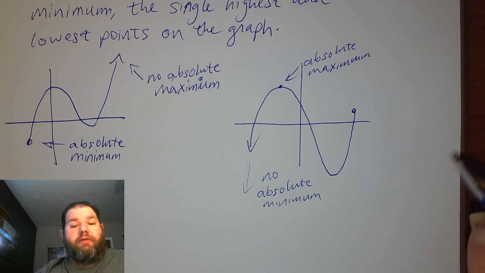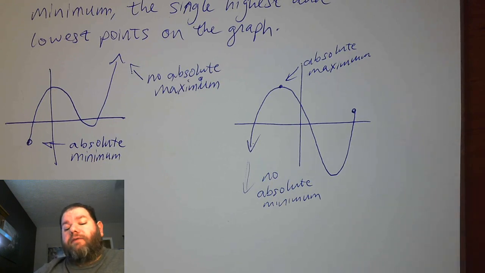So we need to be careful that when we look at the graph from a visual standpoint, we still have to understand what the arrows mean and how that specifically impacts the presence or lack of absolute extrema. That's really what's going to prevent it from happening in a lot of cases. If the graph has an arrow on it, which means it just keeps going, there's no extreme value in that case.